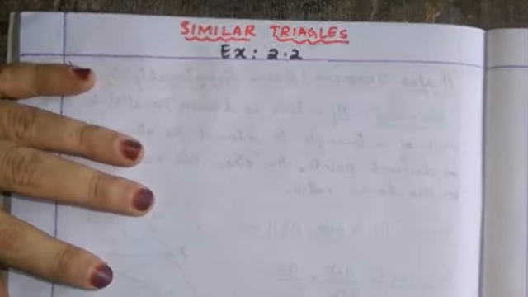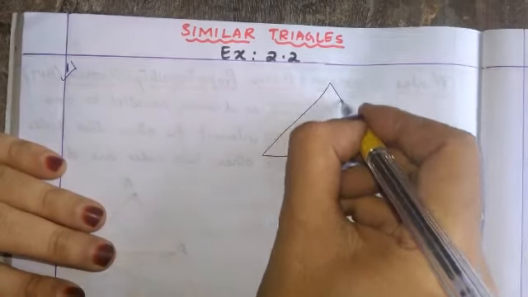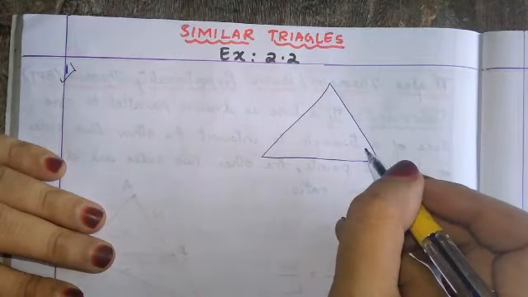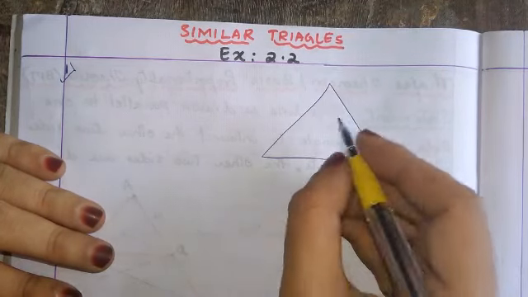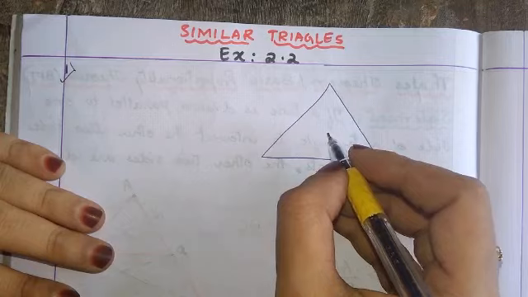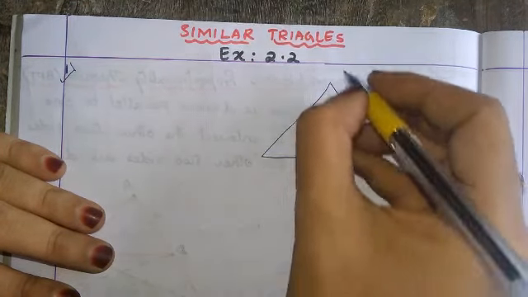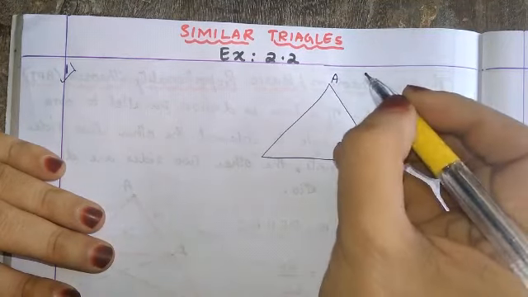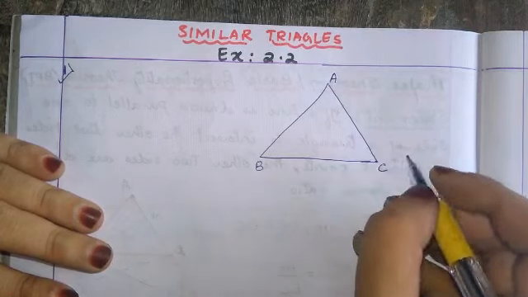I'll draw a rough figure. When you draw a figure, you should always use a pencil only. I am using a pen because a pencil is not clear in the video. You people should use pencil only, or else you will lose marks if you use a pen for figures.